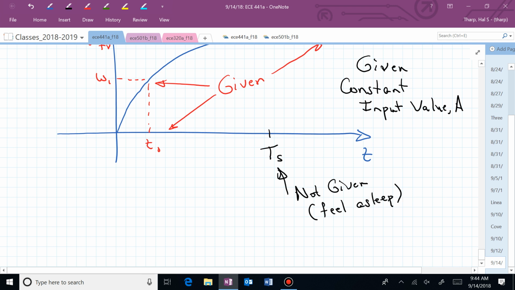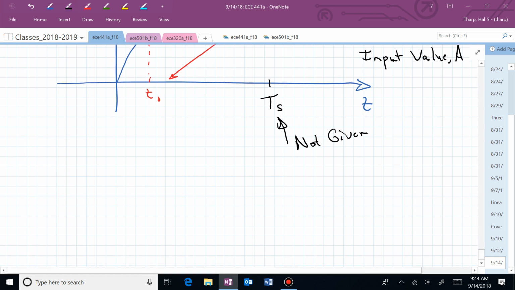Oh, sorry. We didn't get that. So we don't know what the 1% settling time is.